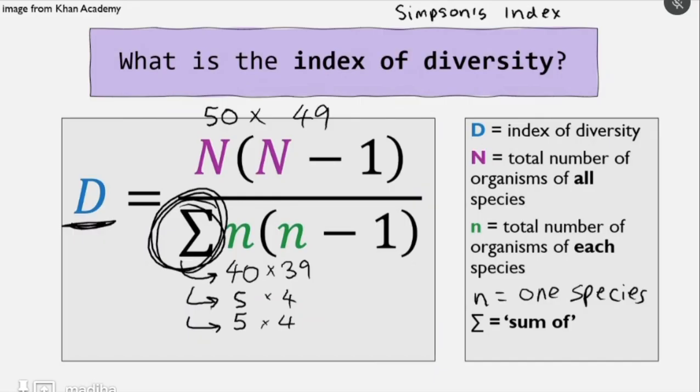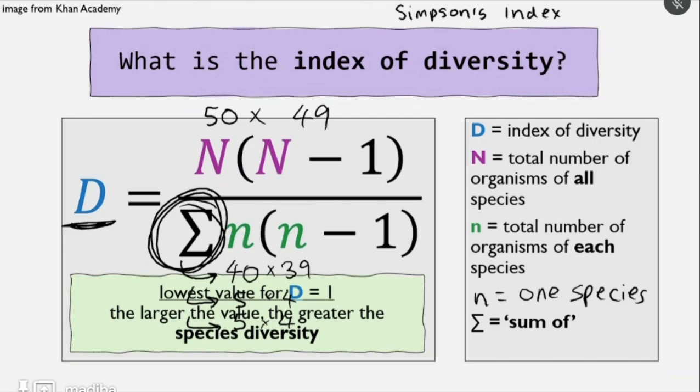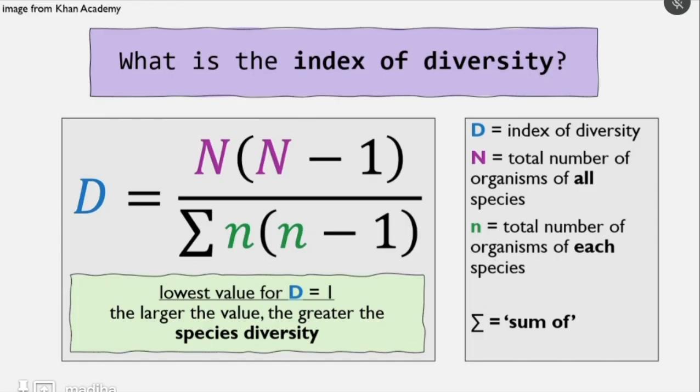So we'll go through a worked example now. Oh wait, no, we're not. We're going to just quickly explain how to look at the index. So once we calculate all that, we will get a figure. The lowest value for D will be 1. Don't ask me why, it's literally just that.